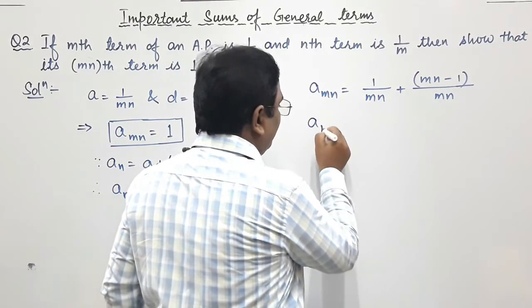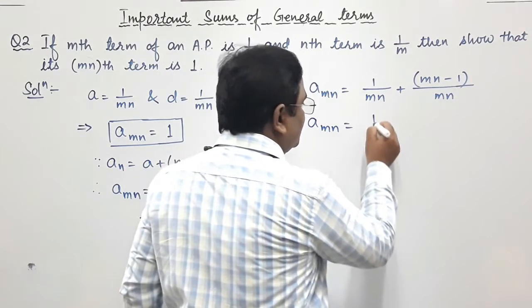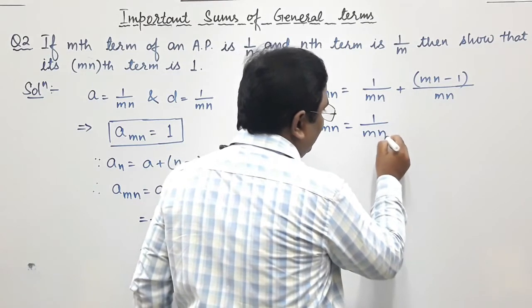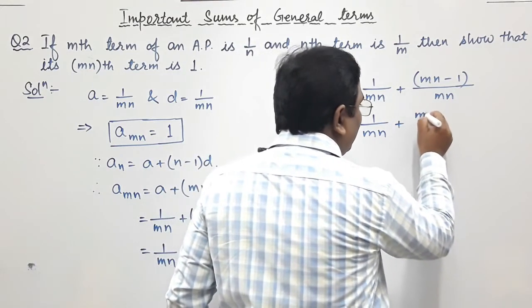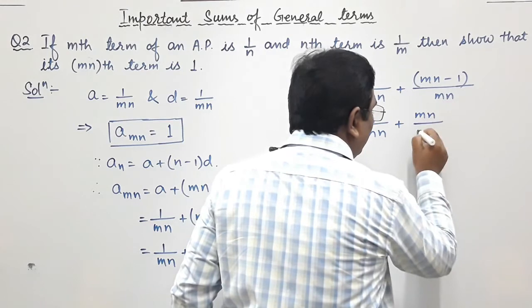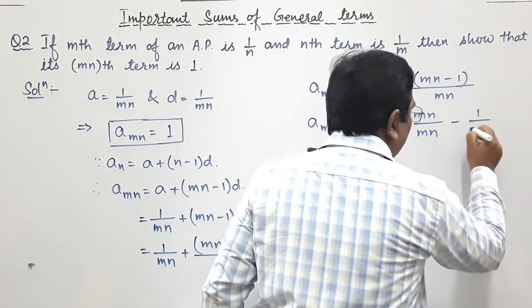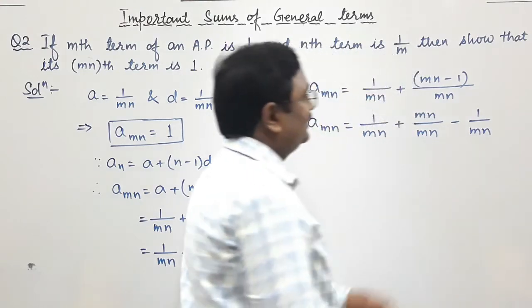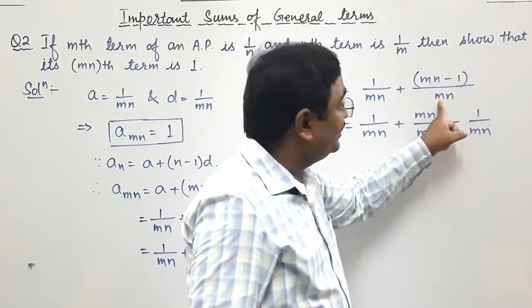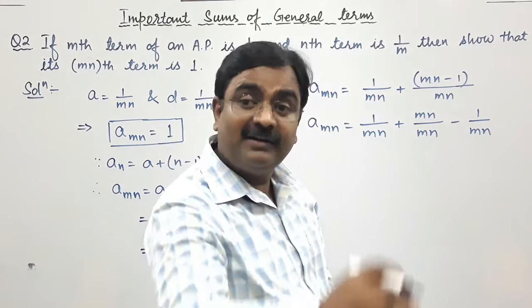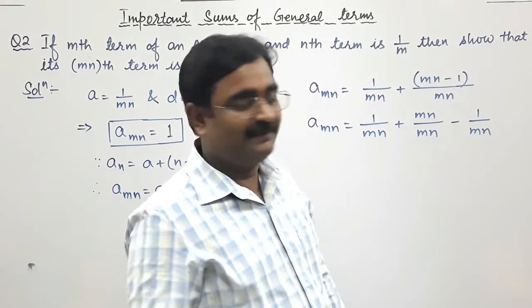Therefore, A of mn is equal to 1 upon mn plus mn upon mn minus 1 upon mn. These two terms are separately divided by mn. अलग अलग उसको क्या किया? mn से डिवाइड कर दिया.